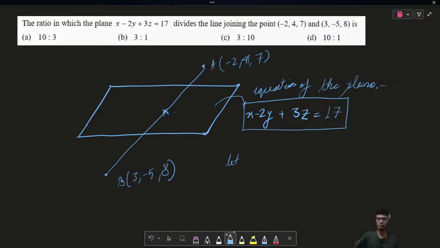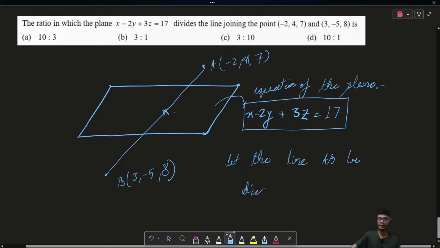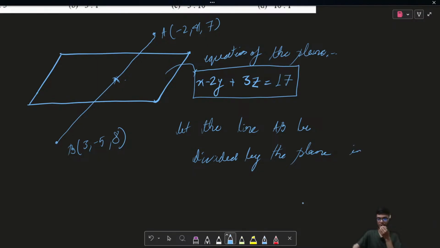So let us assume the line AB be divided by the plane in the ratio of lambda is to 1.